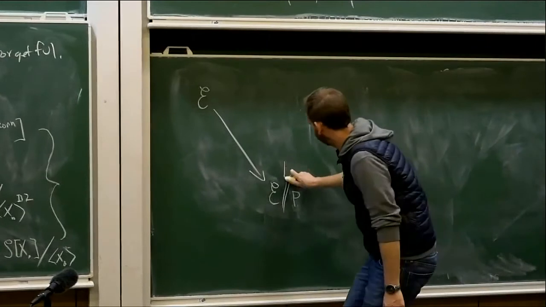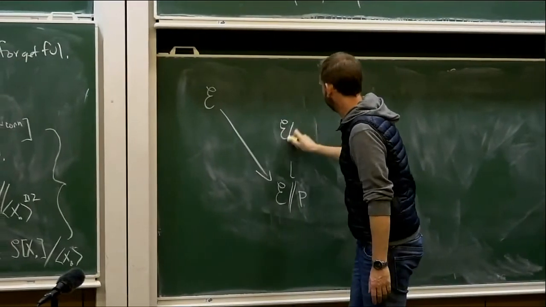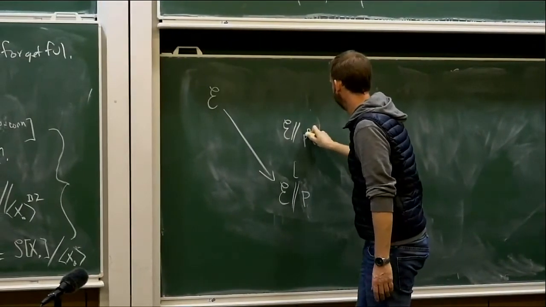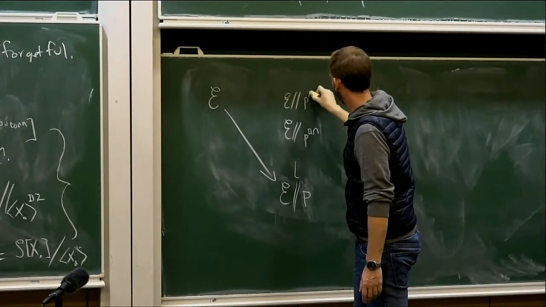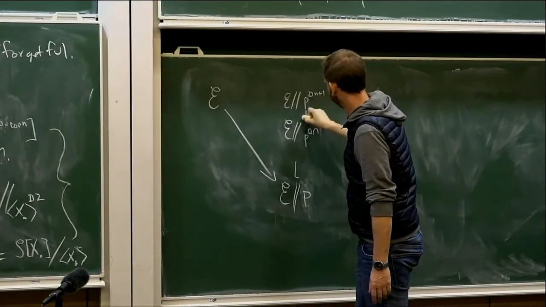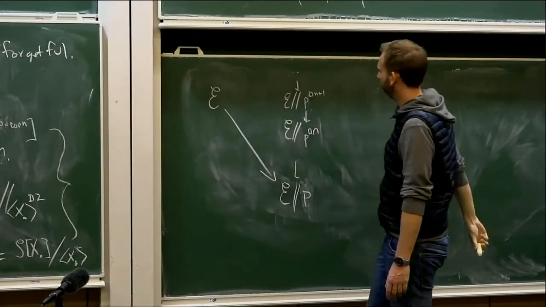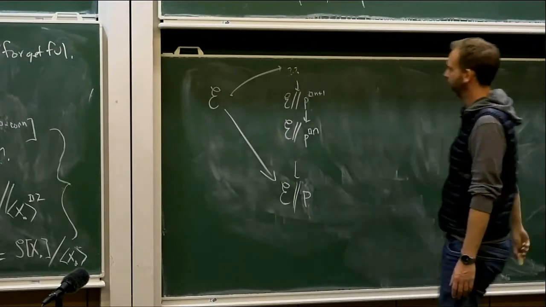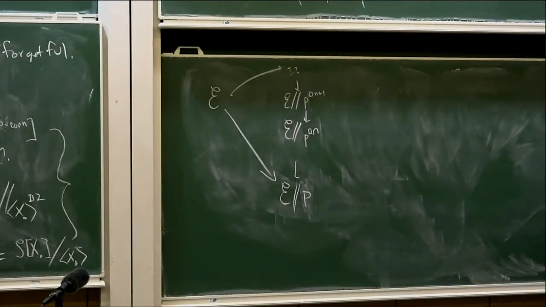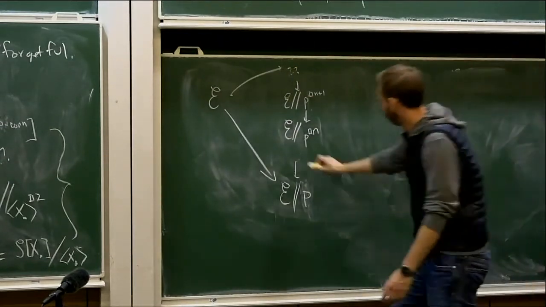Okay, so we have this tower, E mod N, and this goes off to something. There's the inverse limit, and there's the topological piece, and if they coincide, maybe they don't.